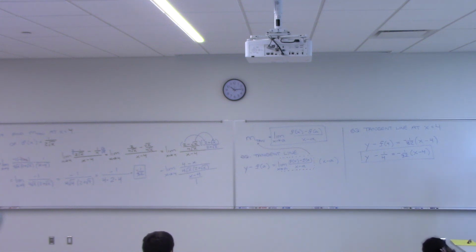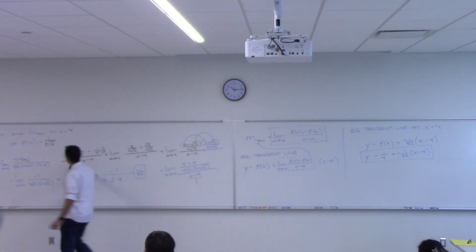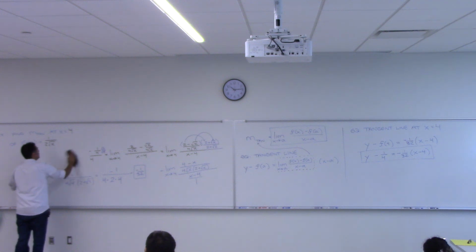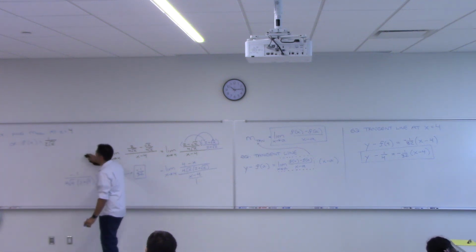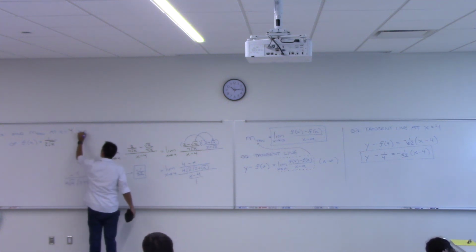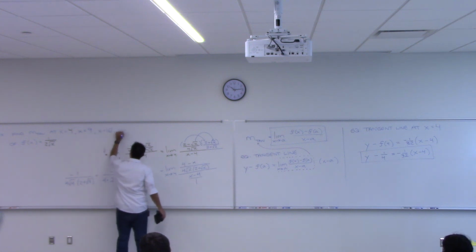Imagine I gave you this problem. I'm just getting us ready for next class, okay? I'm not ready to get too much into this right now. But imagine I said, find the slope of the tangent line for this function at x equals 4, x equals 9, x equals 16, x equals 25.